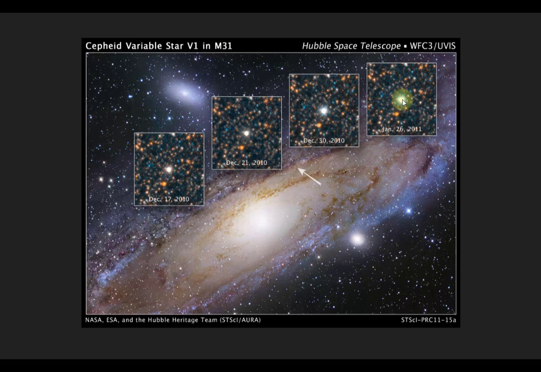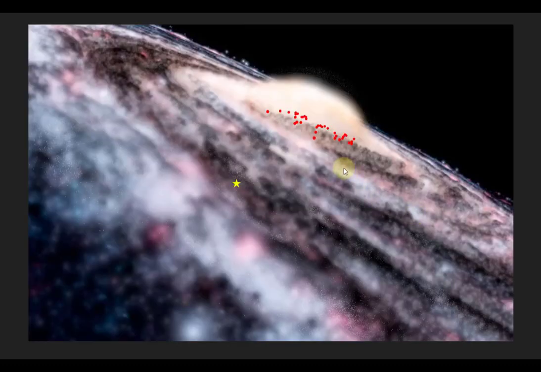By knowing how luminous it is, he could find out what the distance was. In our galaxy, the Space Telescope has found several Cepheid variables that we can use. This is the position of the Earth. This is the position of the Cepheid variables that are close by that we can use to measure distances to by using stellar parallax.